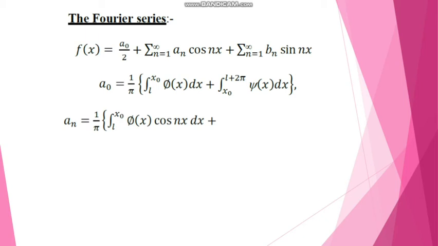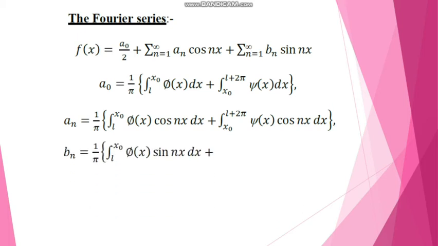What is a n? a n is estimated by 1 upon pi integral L to x naught phi of x cosine nx dx. Here the integrand is the product of the first function, defined in the first section of the interval, with the coefficient of a n. The second definite integral will be integral x naught to L plus 2 pi, where the integrand is the product of the second function and the coefficient of a n.